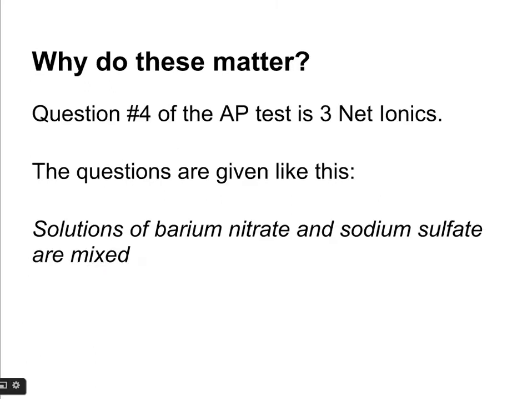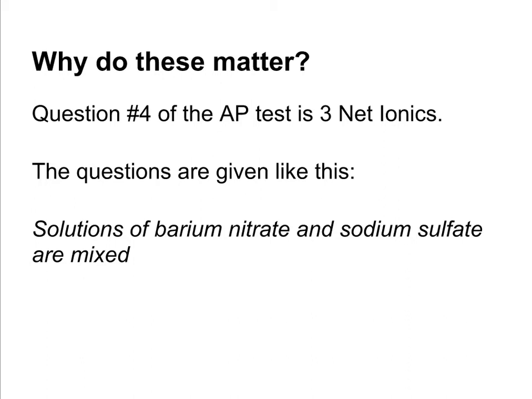Net ionics matter because question number 4 of the AP test is always 3 net ionic reactions. Questions are given in this form: solutions of barium nitrate and sodium sulfate are mixed. That's an easy example, but that's all the wording you get. You're expected to be able to write both the reactants and the products, balance it, and cancel out any spectator ions.